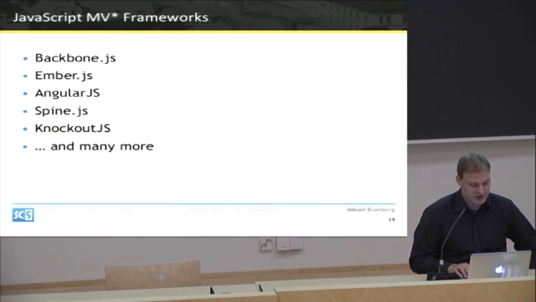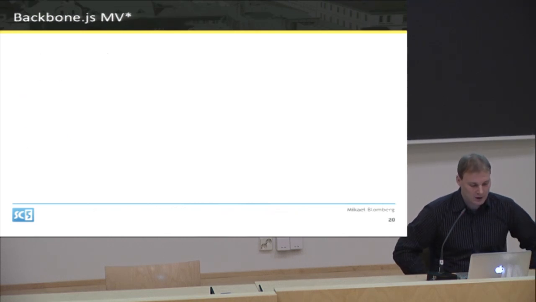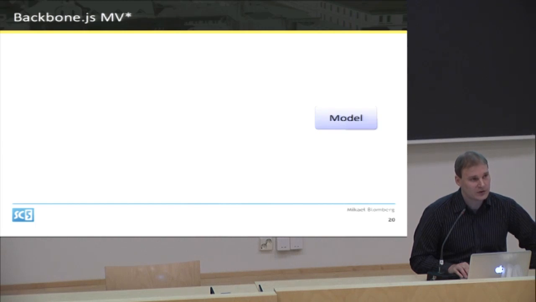But let's take a look at Backbone.js. As I mentioned, it's an MV star framework, and let's take the things we already know. We know the model, it's the data, and in Backbone the model is still the data, it hasn't changed. Then let's take the familiar view.